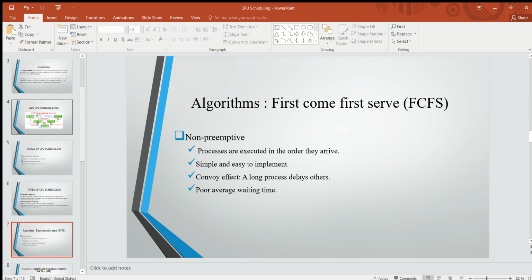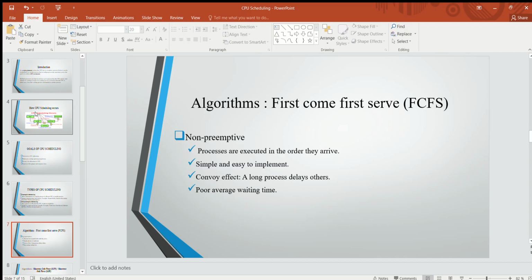So on the non-preemptive side, we have FCFS, which is first come first serve, and the processes are executed in the order they arrive. You can tell that this is a form of a queue, because we push the first person, so it's first in, first out.